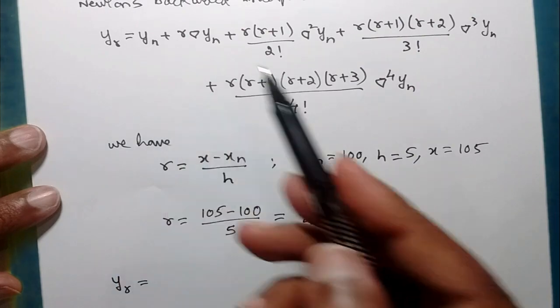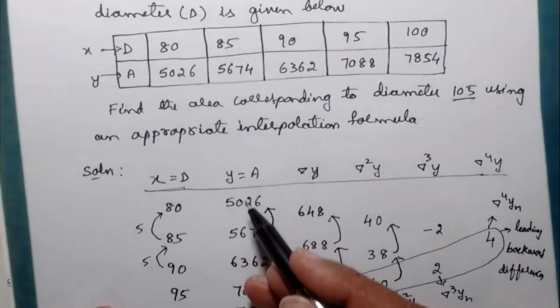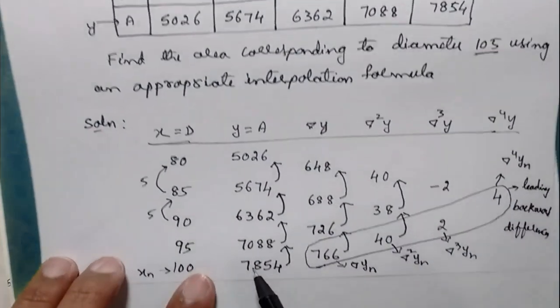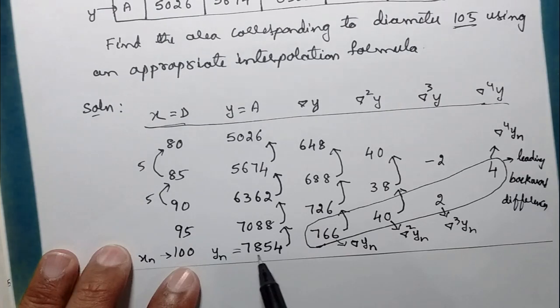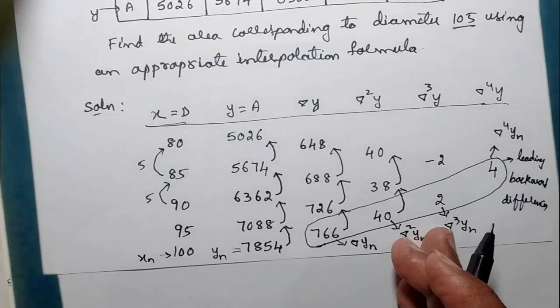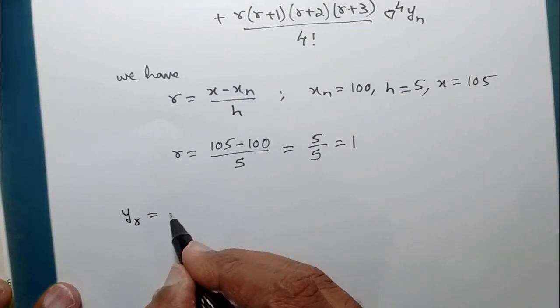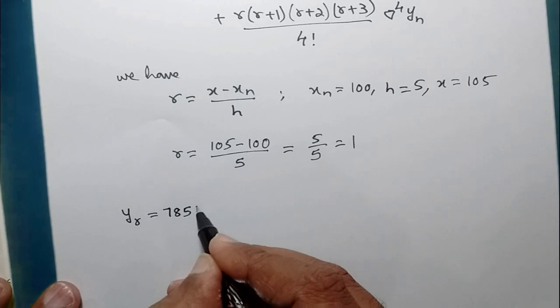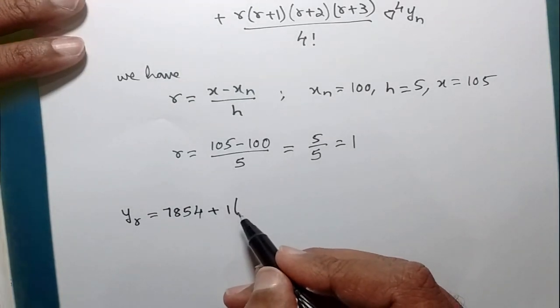equals to YN. So what is YN? YN also represents the final value of Y. So in the table, this is the final value. So this final value will represent your yn value. So yn is what? 7854. So now if you write down, yn is 7854 plus r value is 1 into the first backward difference.